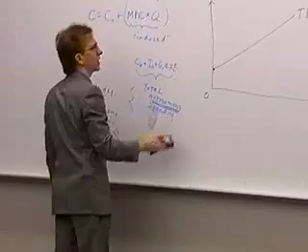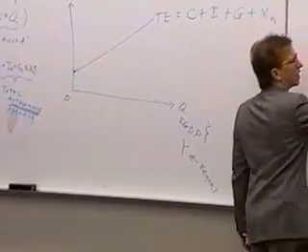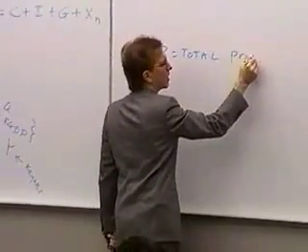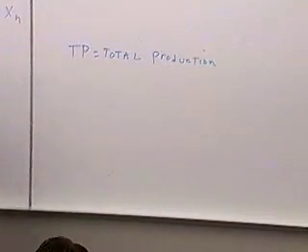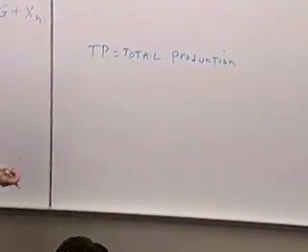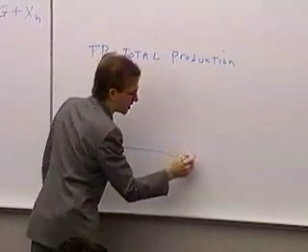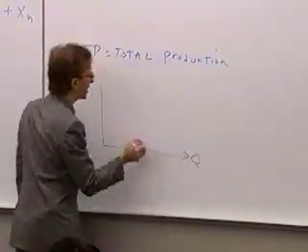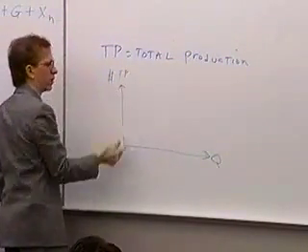What we did at the very end of the hour is I was talking about total production. And if you remember, total production is really, there's a very simple diagram for that. In this diagram for total production, we're measuring total production on the vertical axis.